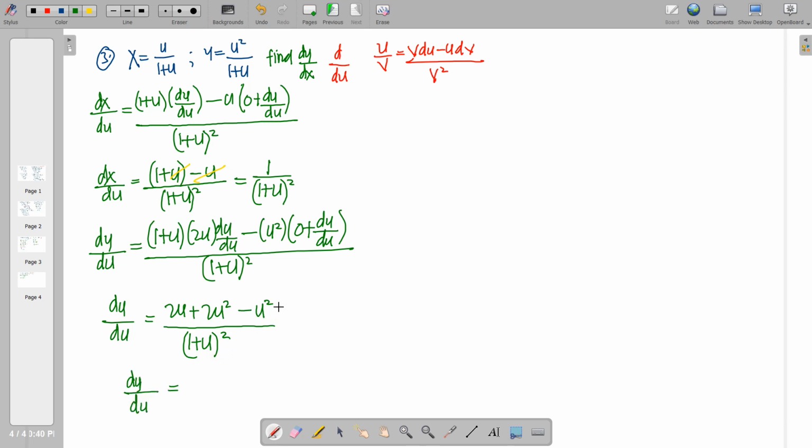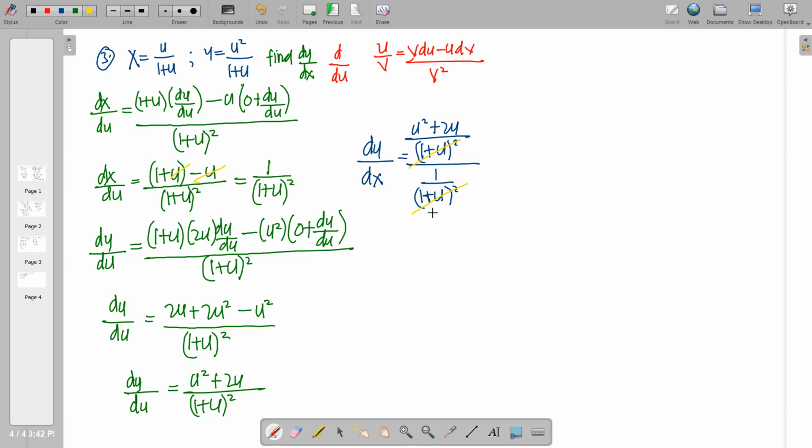So we simplify by subtracting u squared from the 2u squared, and it becomes u squared plus 2u all over 1 plus u squared. And so finally, dy over dx is simply dividing this term by this term. That is for dy over du, and that is dx over du. So that denominator here is cancelled. Hence, we have here u squared plus 2u.